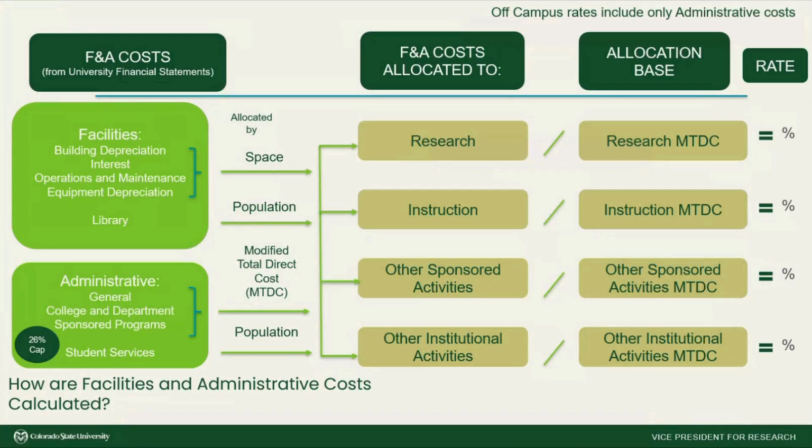You can see that for facilities and an uncapped pool, we allocate those costs to the functions that end up in the rate by space, which is why the space survey is so important. If a space in a building is being used to do organized research, then it gets coded as organized research so that the cost of that space, the building depreciation, the utilities, all those things get allocated and put in the proper rate, because the organized research rate is the rate we're most interested in.